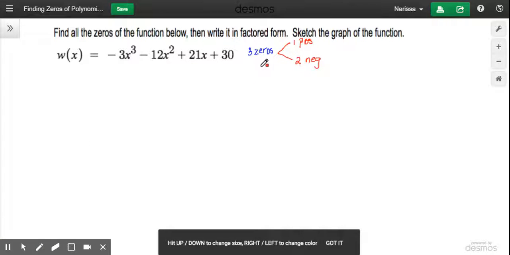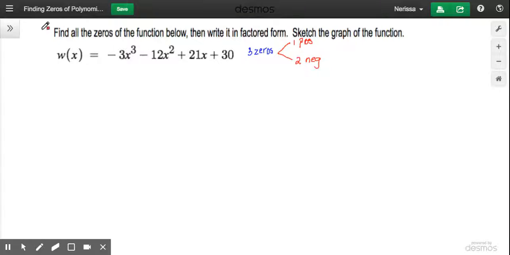To find these 3 zeros where we have 1 positive and 2 negatives, we need to generate a list of possible zeros. So we'll put here possible zeros. So these are the possible rational zeros.